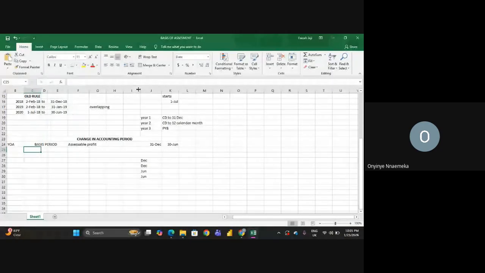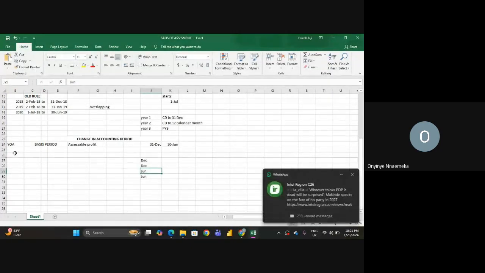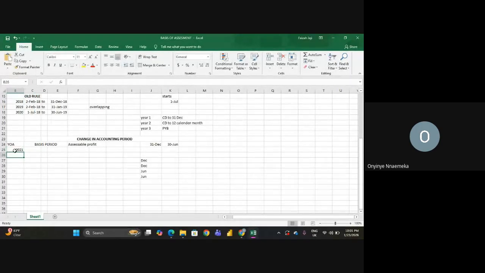So now the year that you have identified here will be the first year of assessment. Let's assume that it is 2021. Now, after 2021, which year do we have next? 2022, 2023. And that's your next 2 years. It's as simple as that.